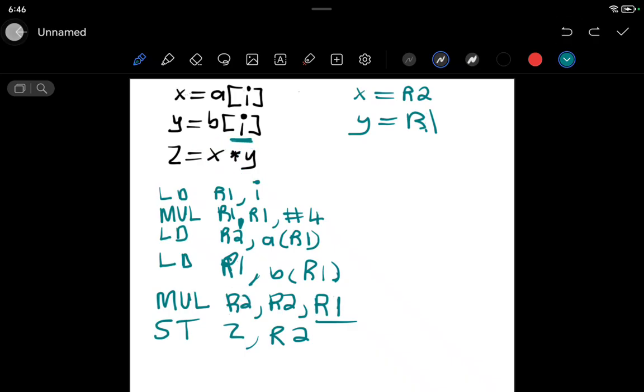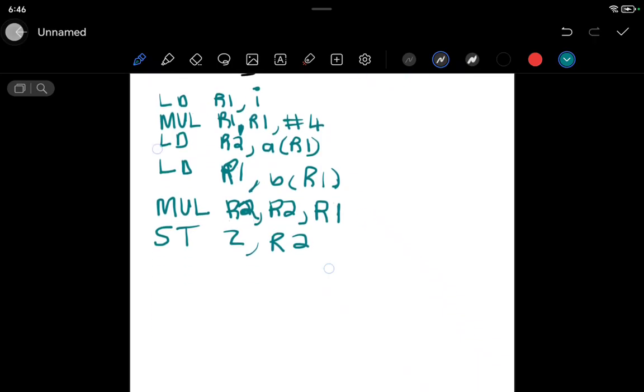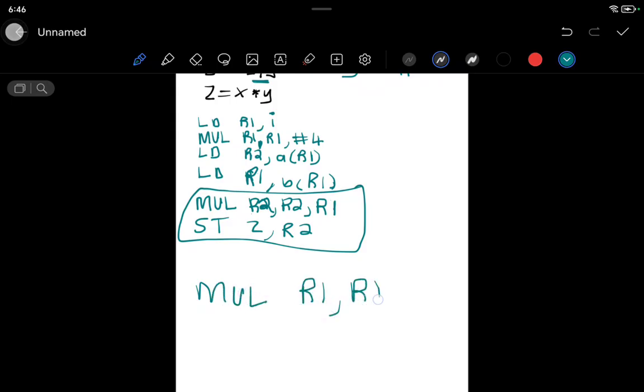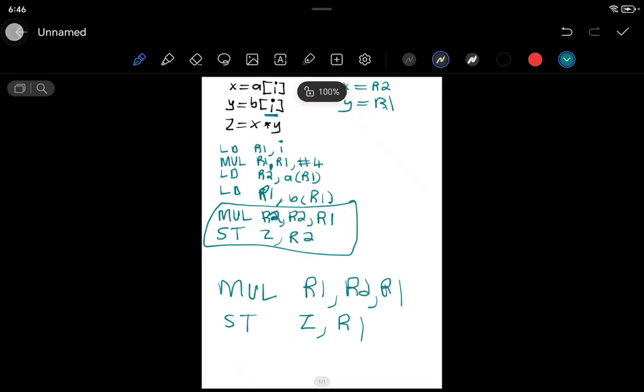So I decided to store into R2. Then if I decide to store into R1, it means that the code will only differ from here. But a register is just a register, right? It means that I was going to say R1, R2, R1, so that the code can be like this.